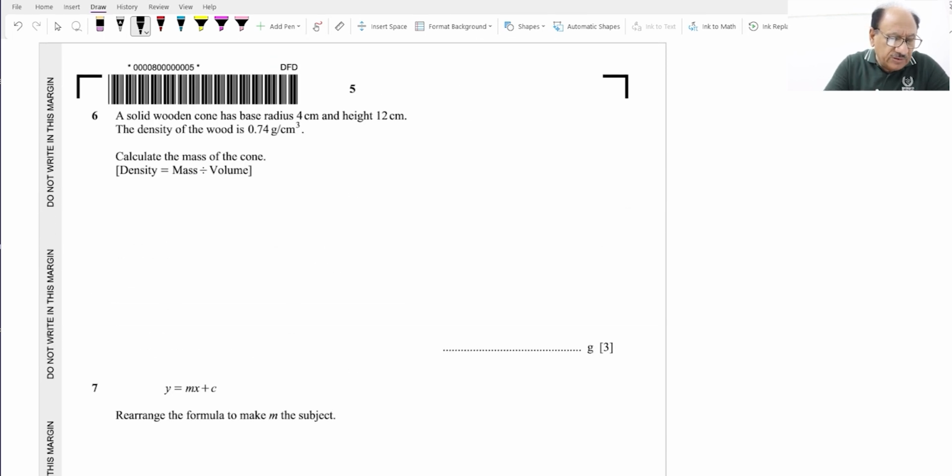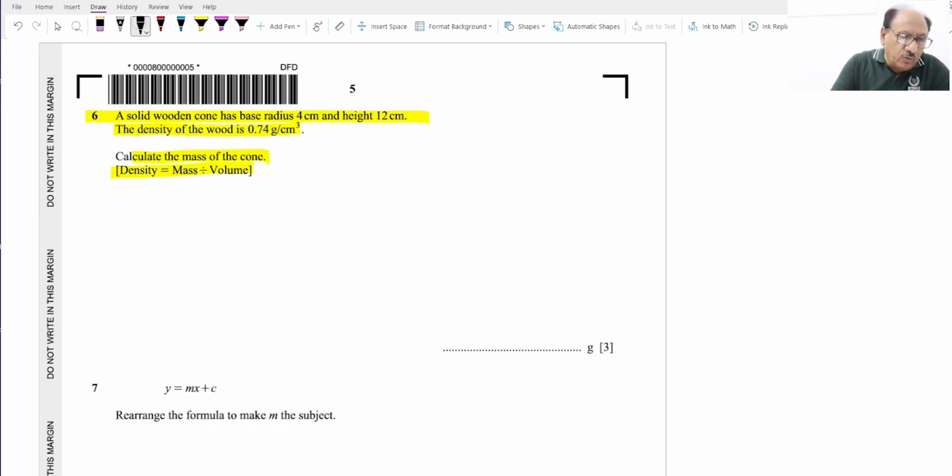Now question number 6 says a solid wooden cone has base radius 4 centimeter and height 12 centimeter. The density of the wood is 0.74 grams per centimeter cube. Calculate the mass of the cone. The density formula is provided: density is equal to mass over volume.